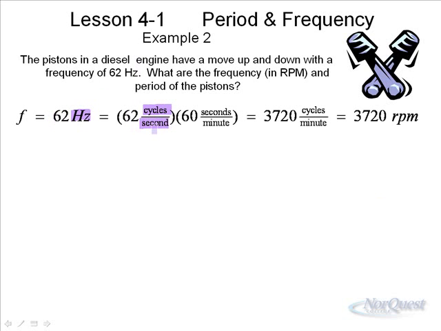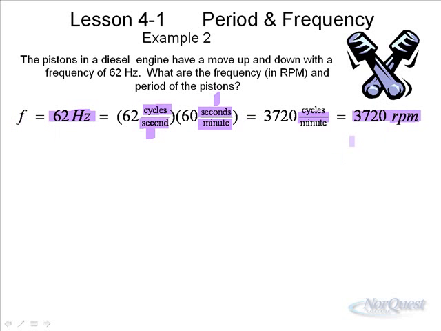Now, of course, to convert seconds into minutes, there are 60 seconds per minute. And of course, when we multiply 62 by 60, we get 3720. The seconds cancel the seconds right here, and we're left with cycles per minute. And of course, cycles per minute is the same as revolutions per minute. So you can convert hertz into RPMs by just multiplying by 60.